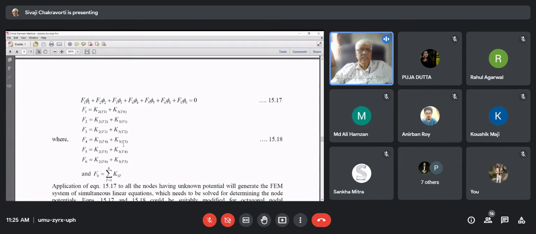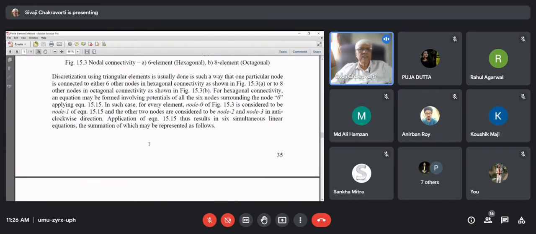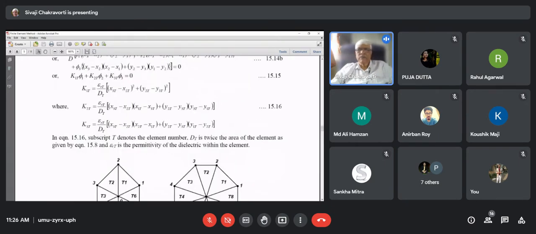One is K2, when node 2 is the second node of that derivation. In our derivation we have used the terminology 1, 2, 3. And then in triangle 1, node 2 is the third node, so it is K3. K2 and K3 again are as per equation 15.16 on your screen.